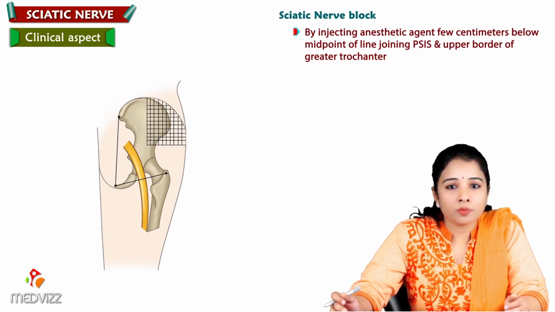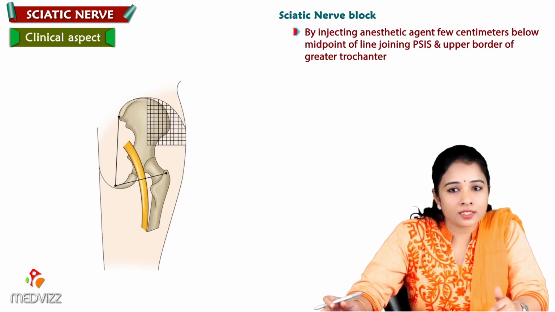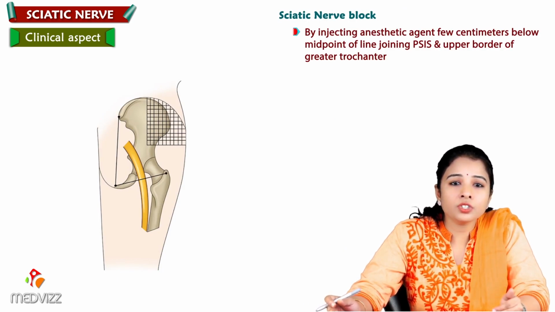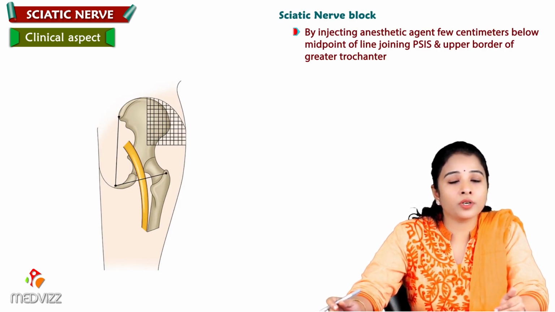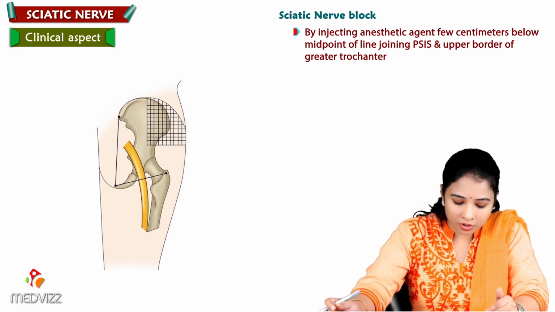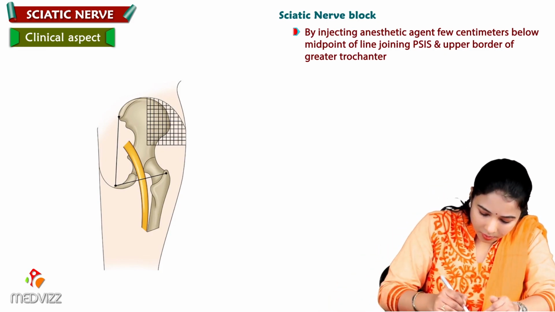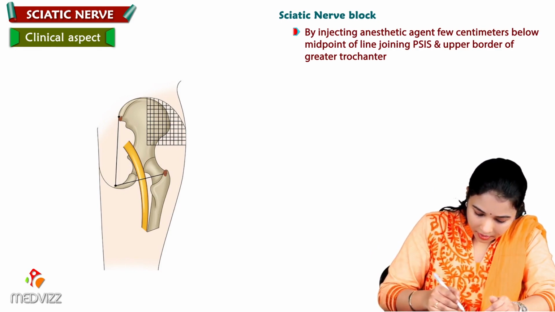Sciatic nerve block is done by injecting an anesthetic agent a few centimeters below the midpoint of the line joining the posterior superior iliac spine and the greater trochanter.